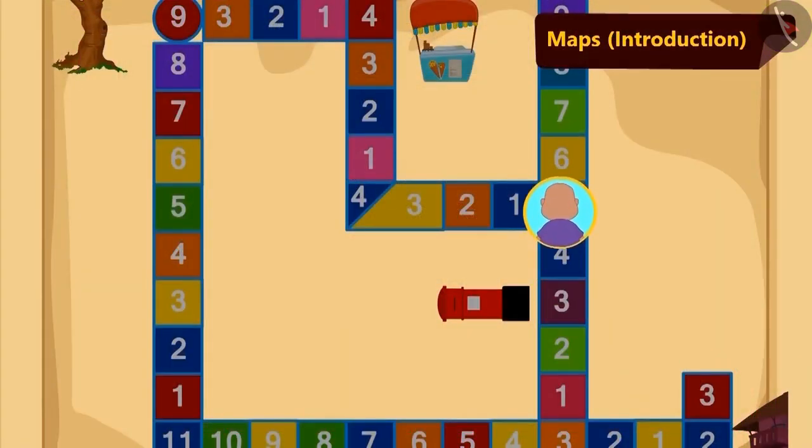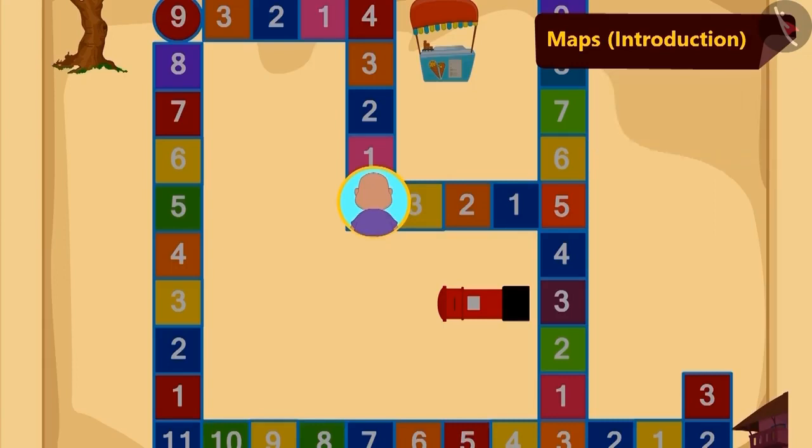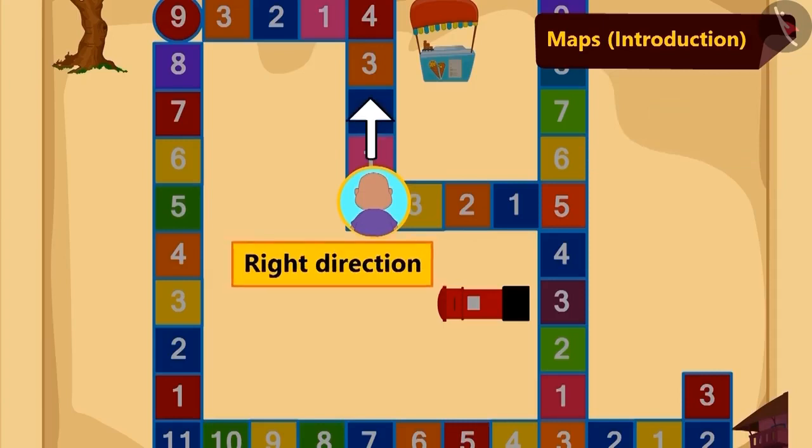According to instructions, Bablu reached the triangle tile. Children, now you can tell which side should Bablu turn to move ahead in the map. Yes, Bablu should turn right.